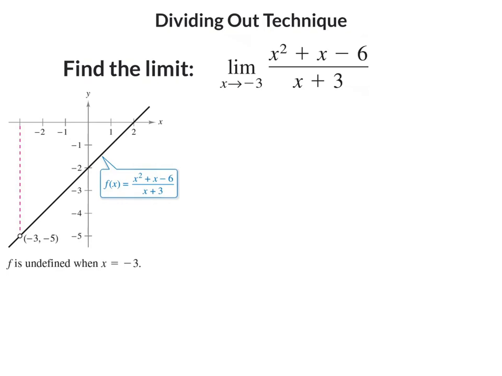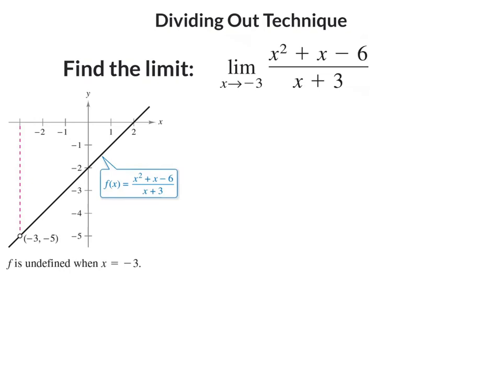So that last technique is technically called dividing out, which is just factoring the top to see if you can factor out and cancel the denominator that we have here. So you'll notice that this limit is as x approaches negative 3. And if I plug that in there, that's going to zero out our denominator, which is a problem.